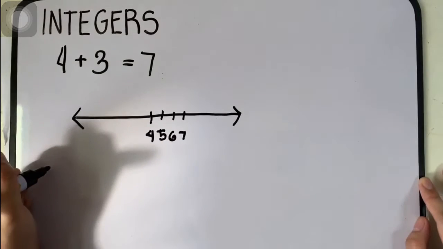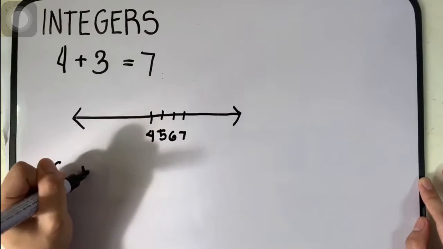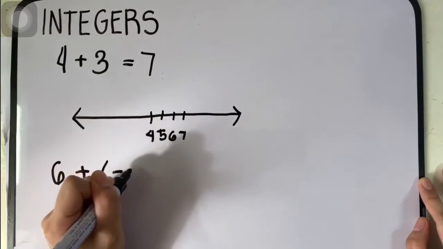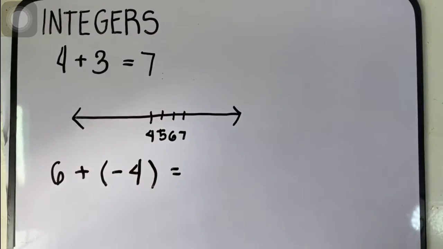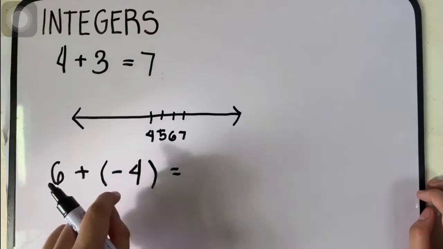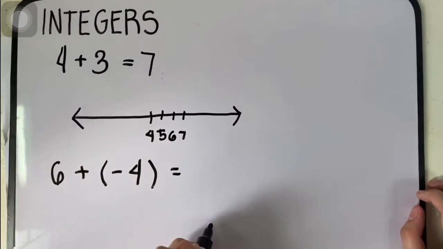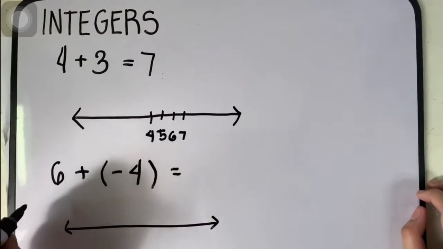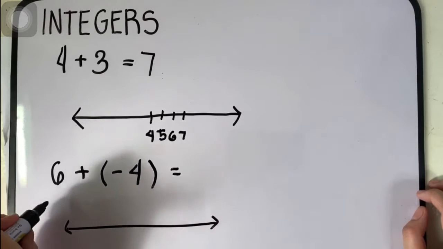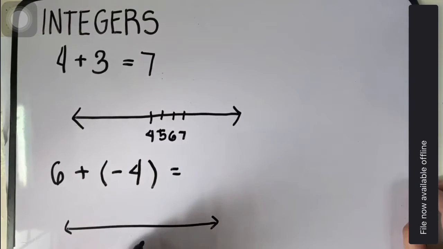How about 6 plus negative 4? As I said earlier, when dealing with a negative integer, we must always move to the left. Again, the first step is to locate your first given, which in this case is 6.